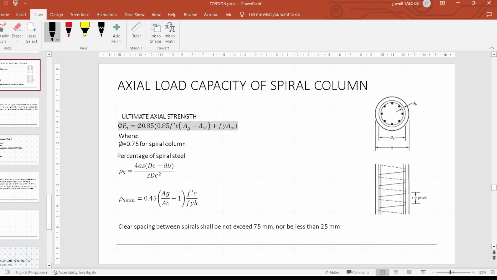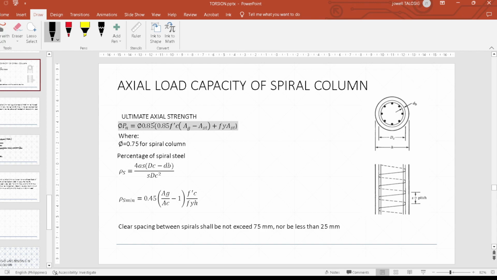So for spiral column, our reduction factor is 0.75. Okay? And then we have here that beside the reduction factor, you're also multiplying 0.85.